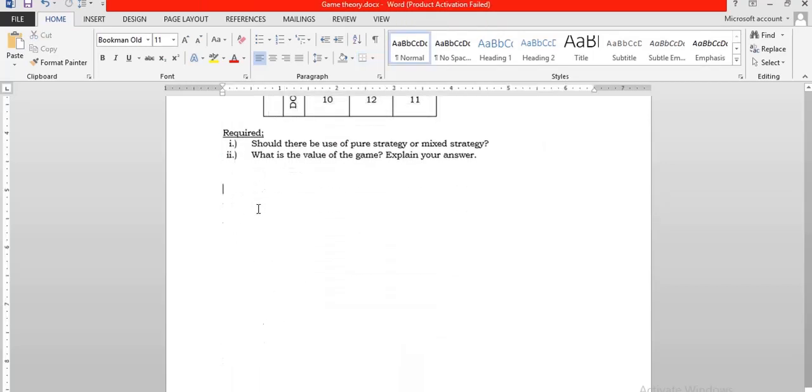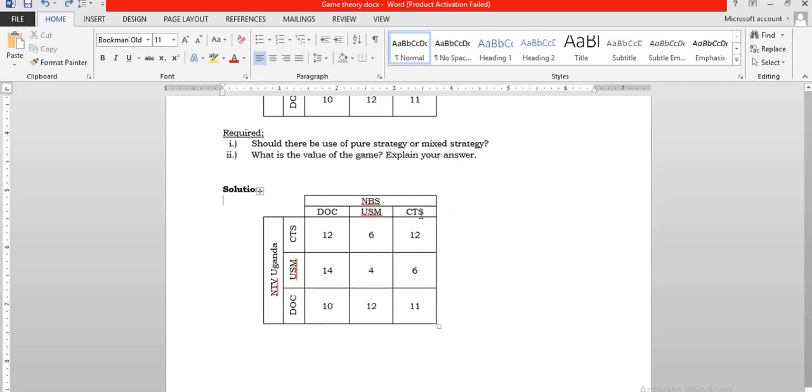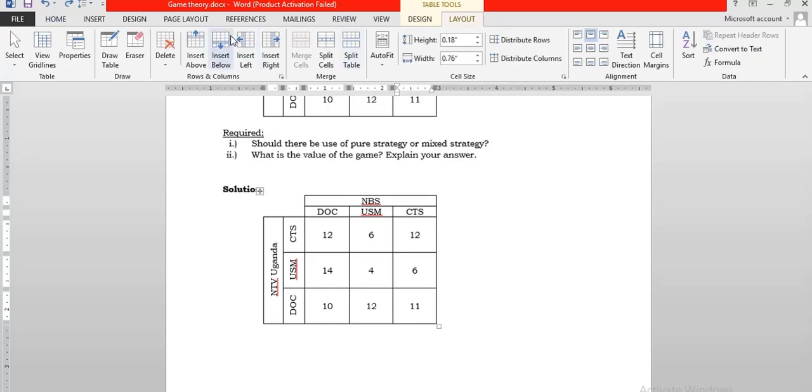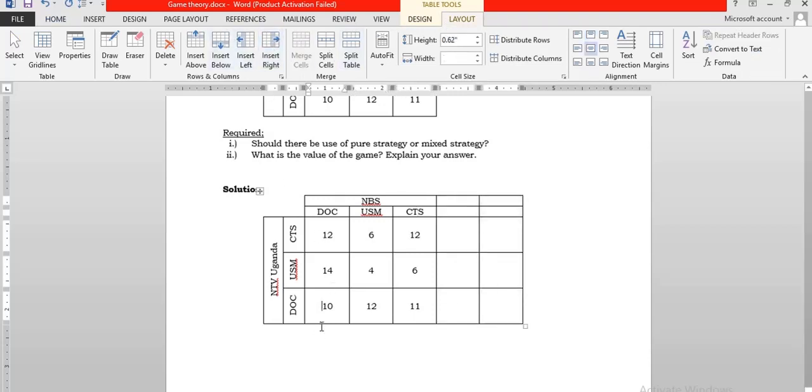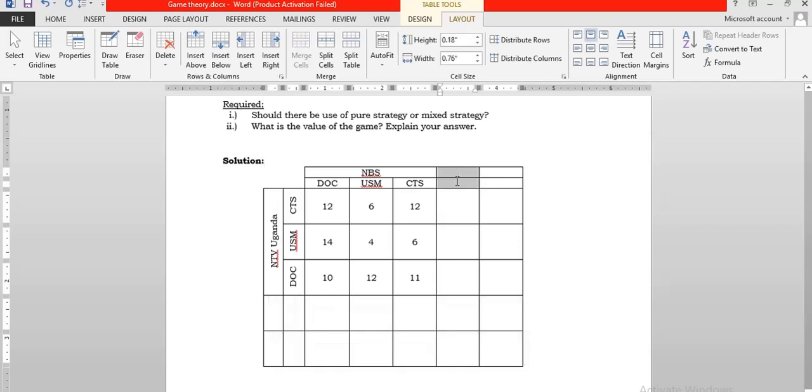So we shall have the solution here. We shall post it there. Now I'm going to do those two items there like before. So we shall have minimax here, and this is the row minimum.